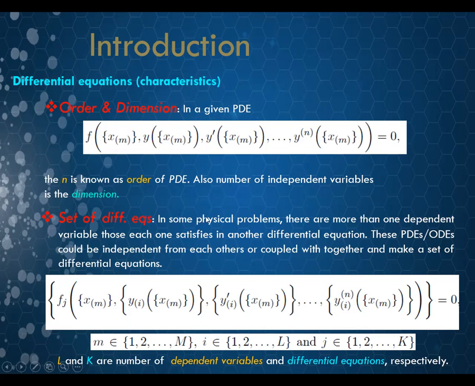In some physical problems, there may exist several differential equations coupled to each other with several dependent variables, and we can have a set of differential equations and solve them together to find the dependent variables.